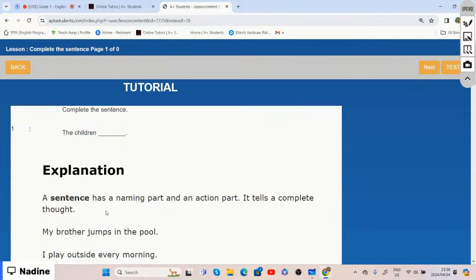So once again, we say a sentence has a naming part and an action part, and it is a complete thought.